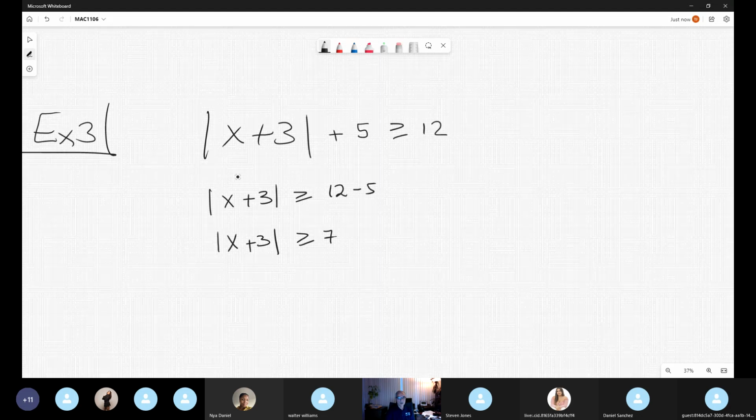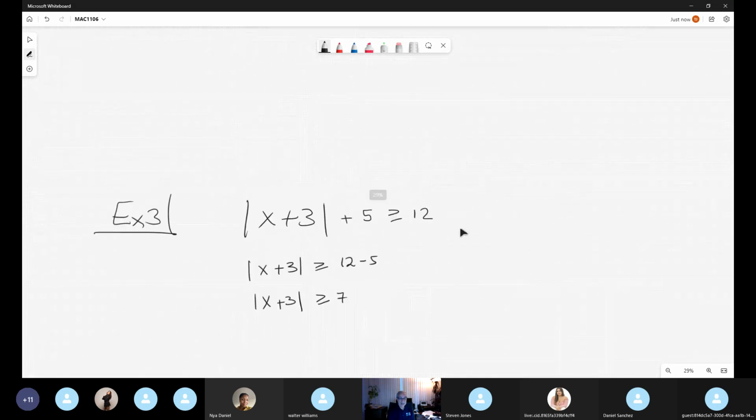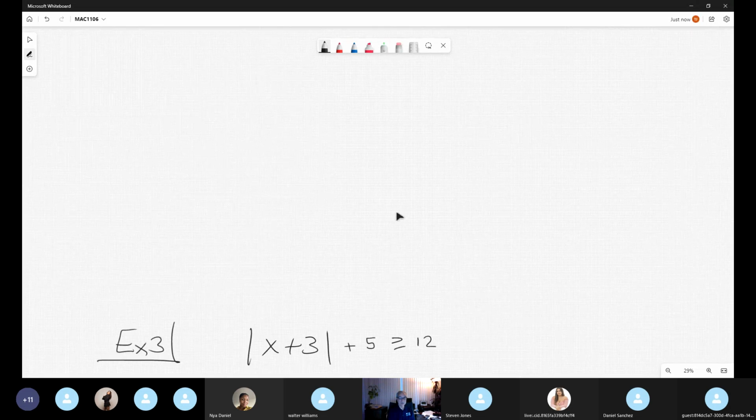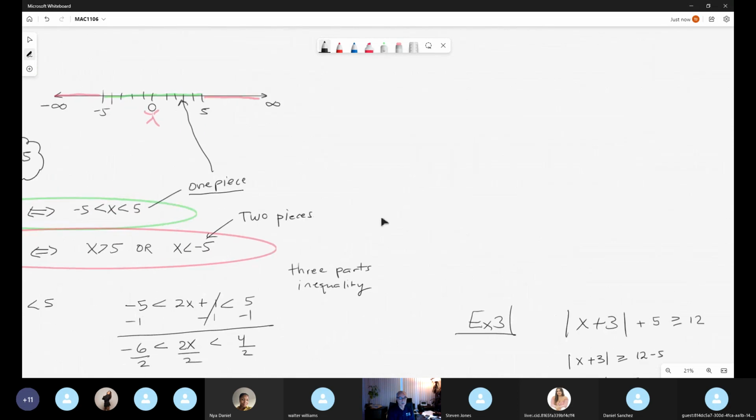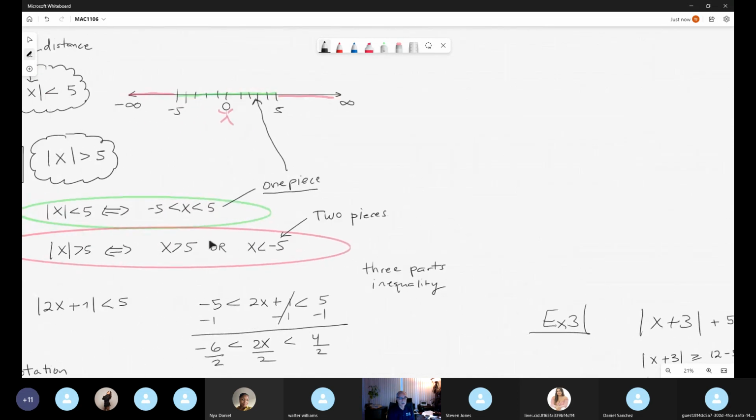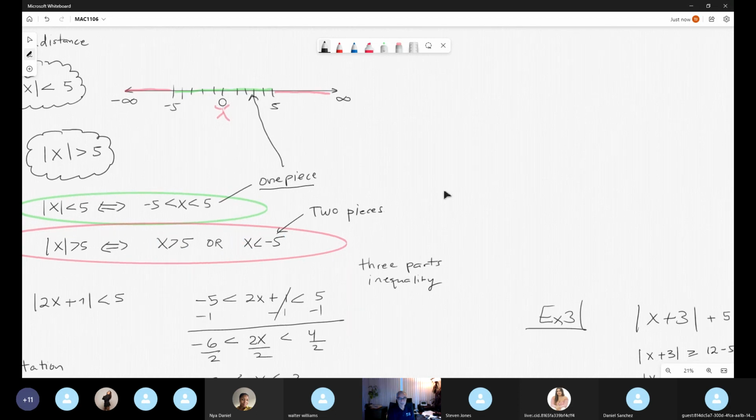Done. Second part. I detect this problem is greater than. And with greater than, the professor explained to me that it's two pieces. And how do you set out two pieces? Well, remember, separately, greater than, less than, positive 5, negative 5, but in our example, it's not 5, it's 7.